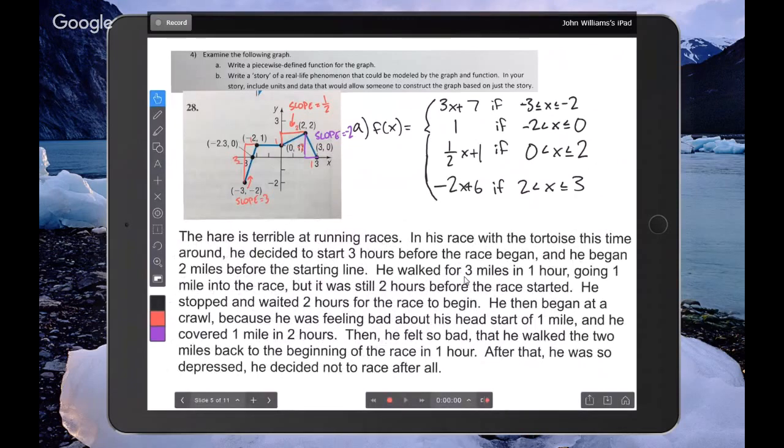Questions on any of the details of my story or my piecewise defined function? No? We're okay? Cool. That was number 4. Let's check out number 5.